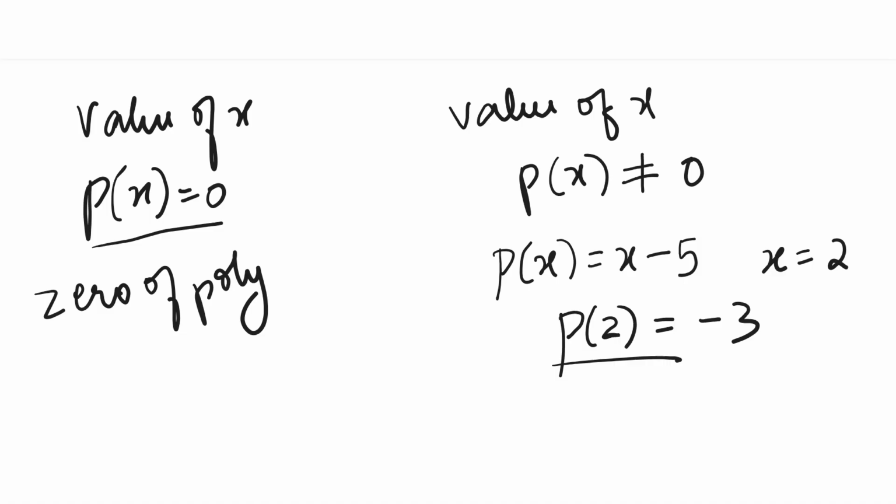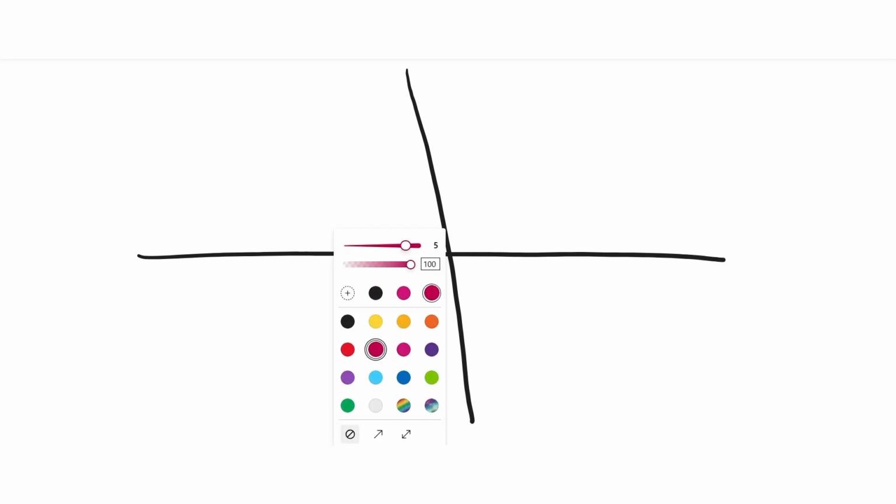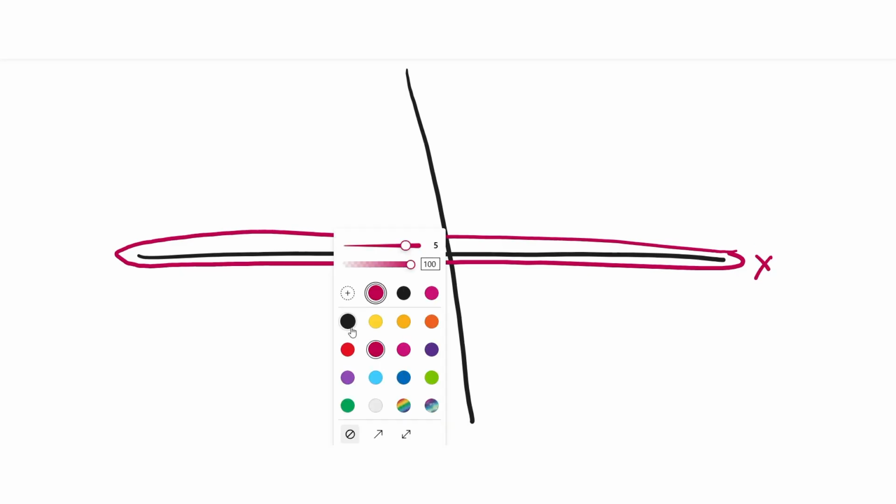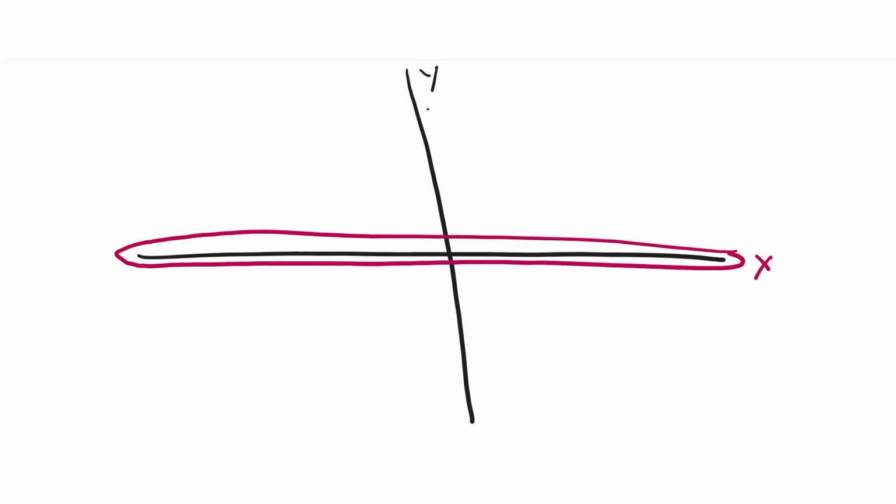Coming back to the zeros of a polynomial, let's have a graphical outlook on how the zeros of a polynomial look. Considering a graph, any value that falls on the x-axis, the line, the x-axis, that is your zeros of the polynomial. It is the simplest thing that I can tell.